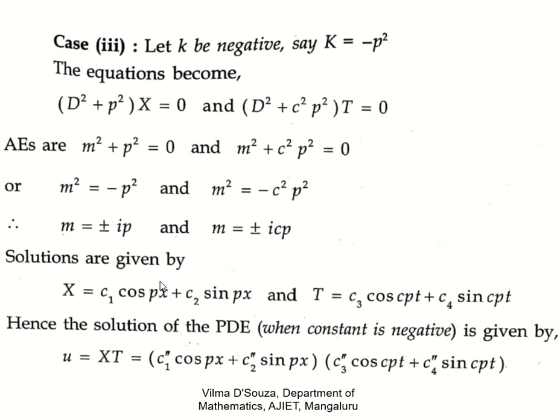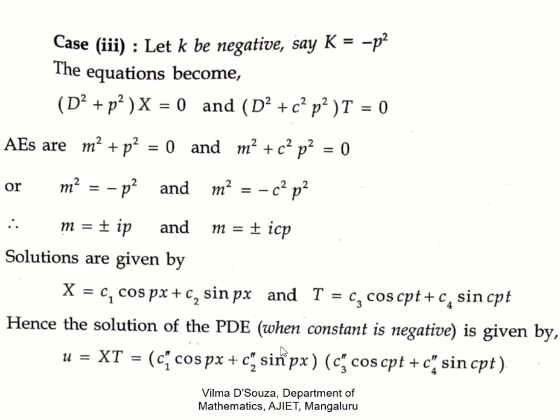C1 cos bx, b is p here, plus C2 sin bx, again px. And here you have cp. In place of b you have cp. So you can write it as t is equal to C3 cos cpt plus C4 sin cpt. Again here instead of C1, C2, C3, C4 you can take some other constant also.